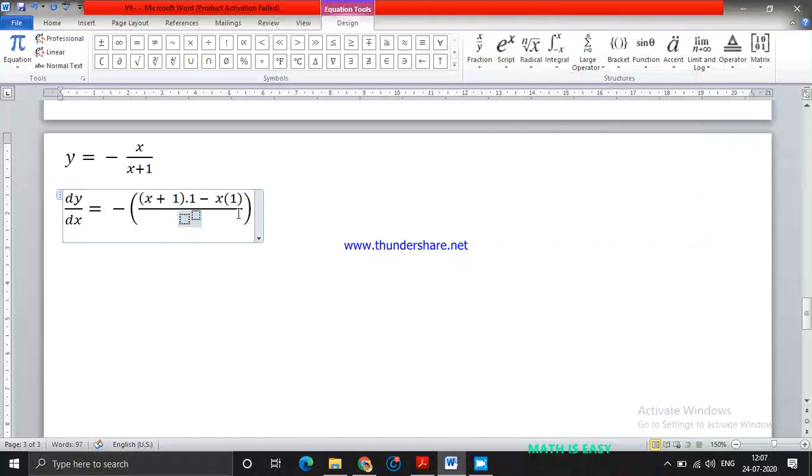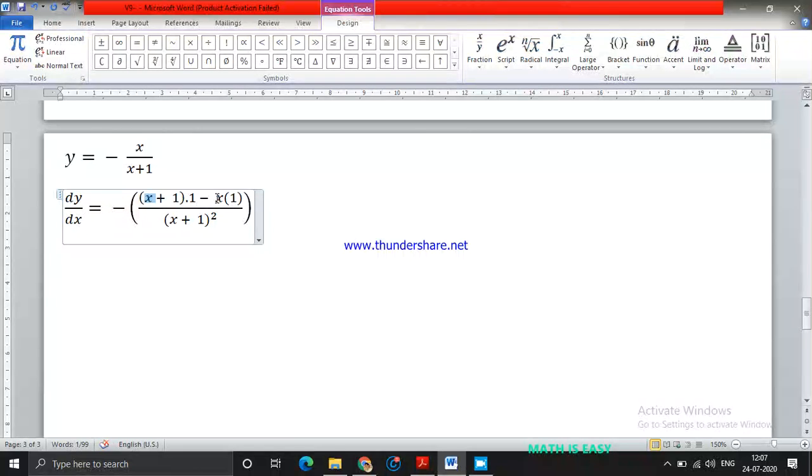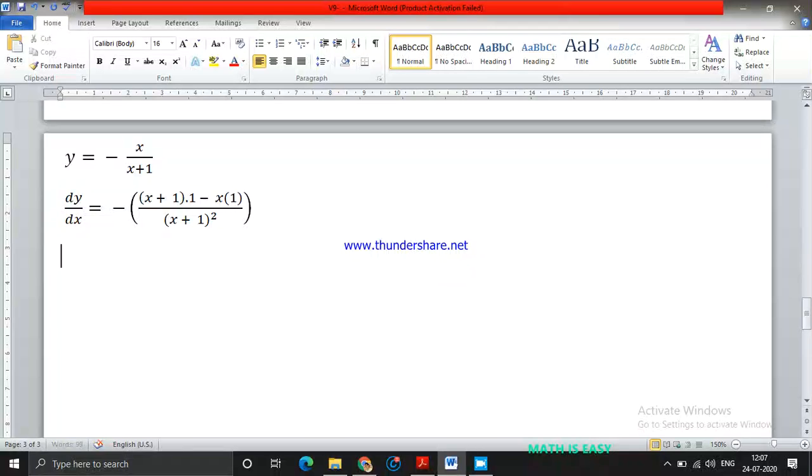V square means you get x plus 1, I forgot the bracket, x plus 1 whole square. Now see if any cancellation: in the numerator x and minus x will get cancelled, we are left with 1. So I think we got the answer.